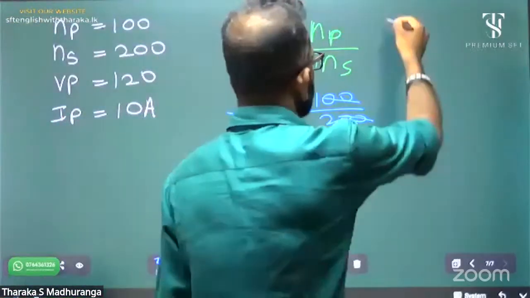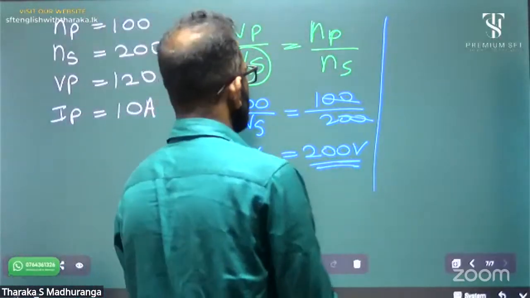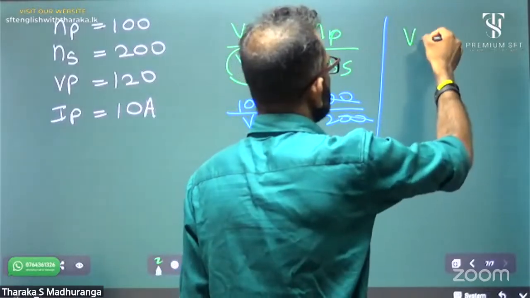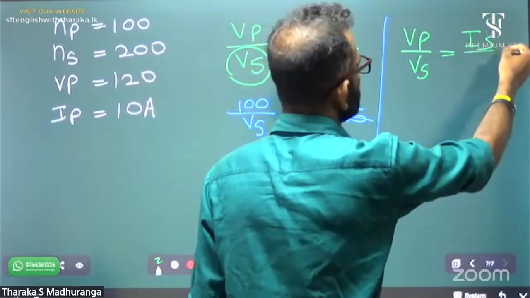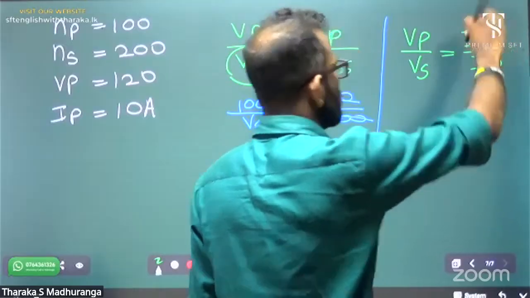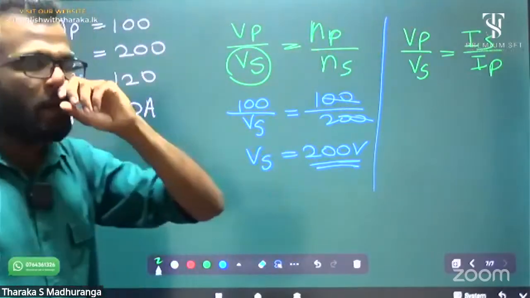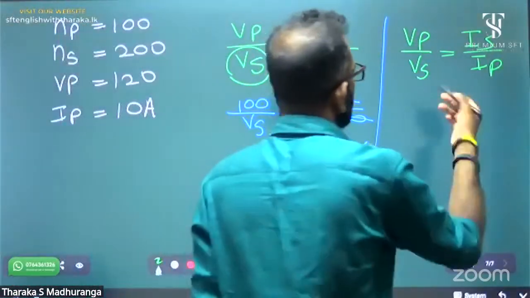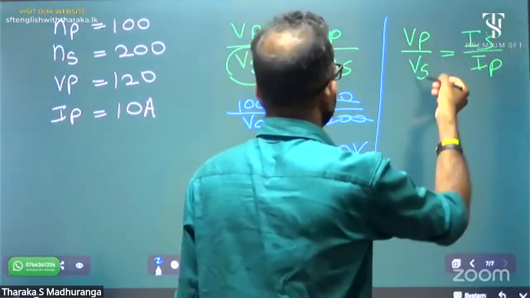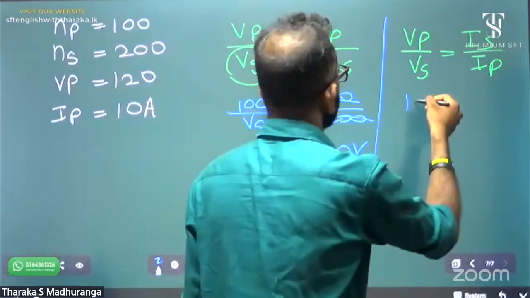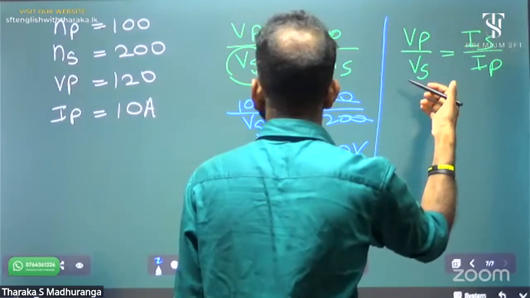Now the second part, they ask for the current also. Then you can calculate VP over VS equals IS over IP. It's the reciprocal; for current only, the side is changing. The VP and VS, now you already know 100 and, sorry, VP is 120.